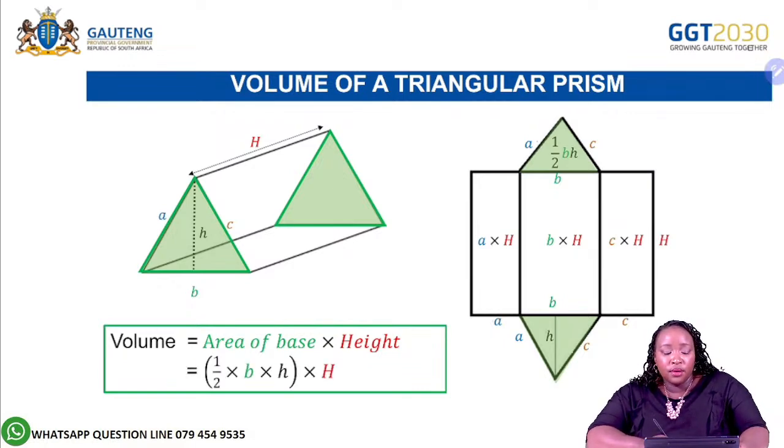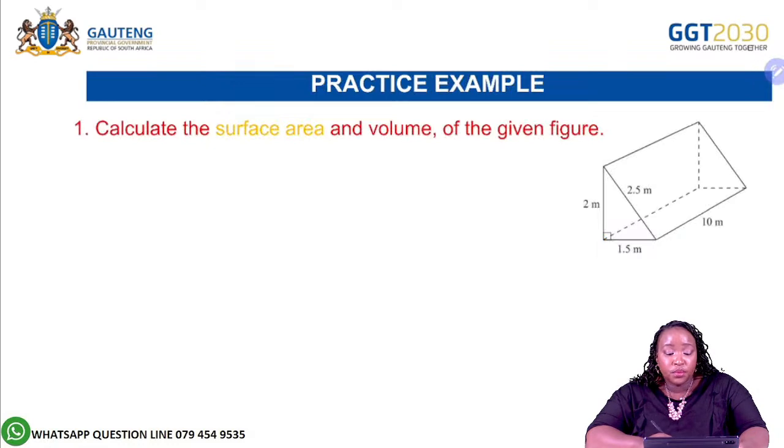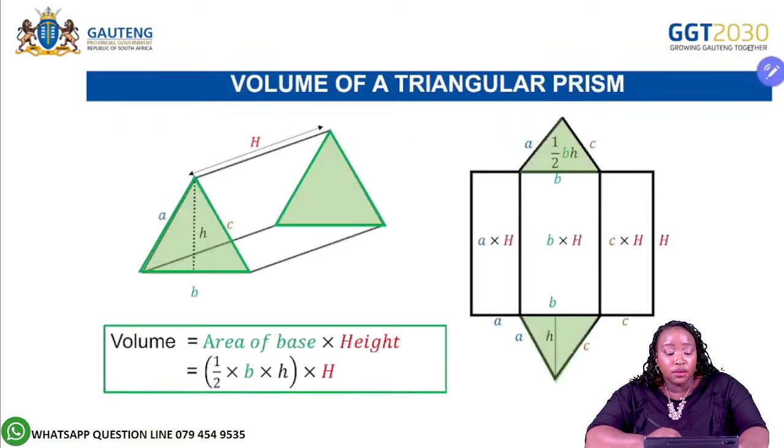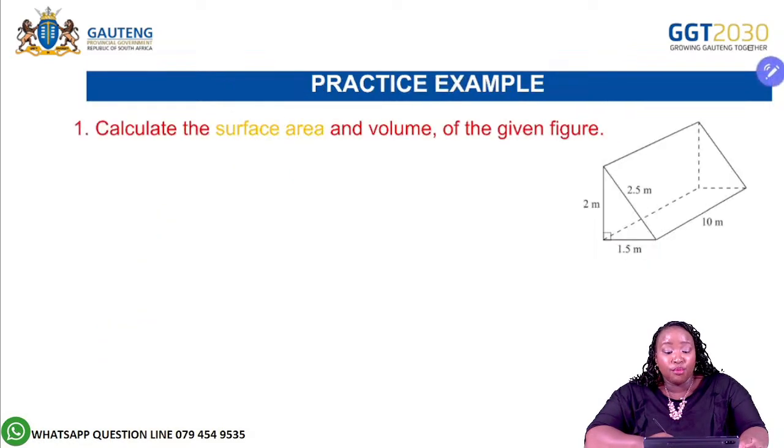So you have half base times height multiplied by the distance between the two bases as your formula there. I just want you to be able to copy this one as well. Do you have this? Do send those pictures. Don't forget, we are here to help you if you have questions. Now that you've got this, we can move on.